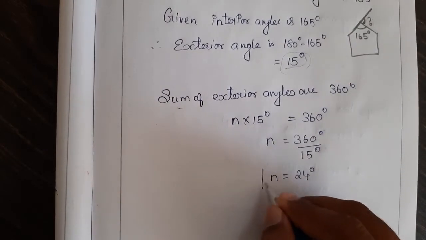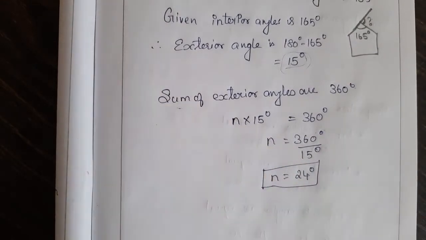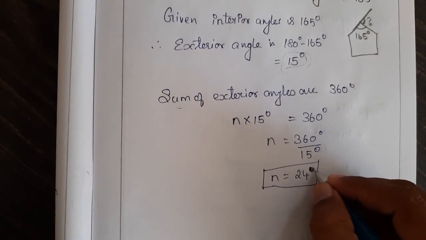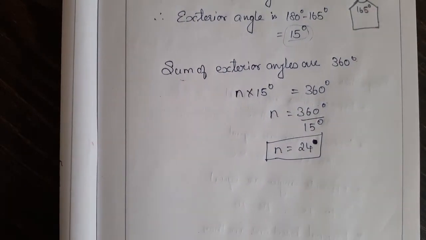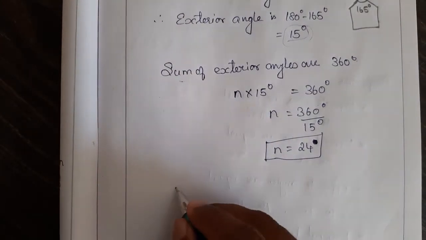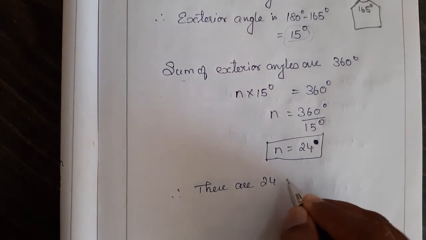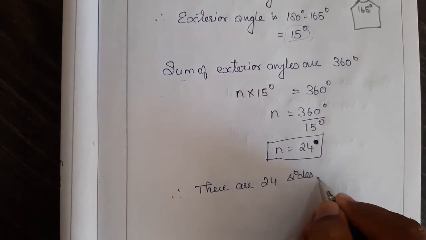So there are 24 angles. If there are 24 angles, then there should be 24 sides. Therefore there are 24 sides.